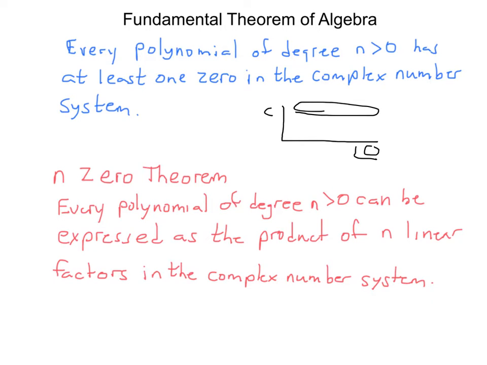If the remainder is 0, then I know that these represent another polynomial, and the degree of that polynomial is going to be 1 less than what I started out with. So now we have another polynomial. And again, by the fundamental theorem of algebra, I know that polynomial, whatever that one is, would also have at least one zero in the complex number system that I could find.